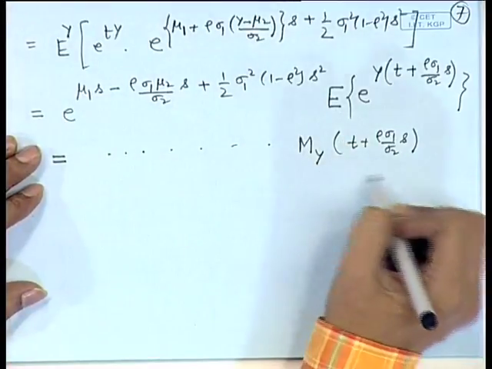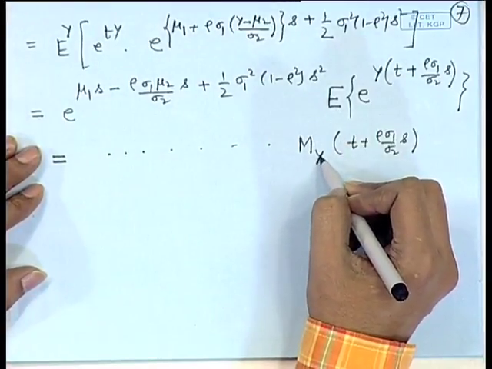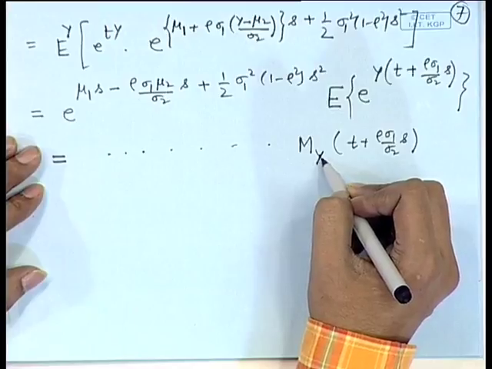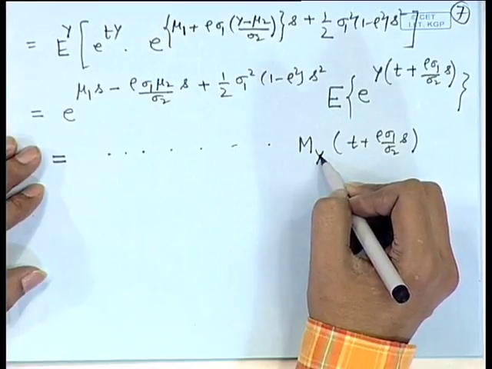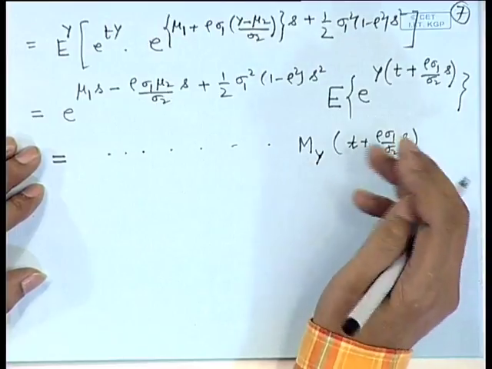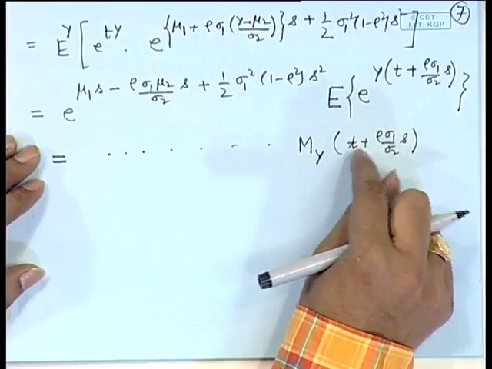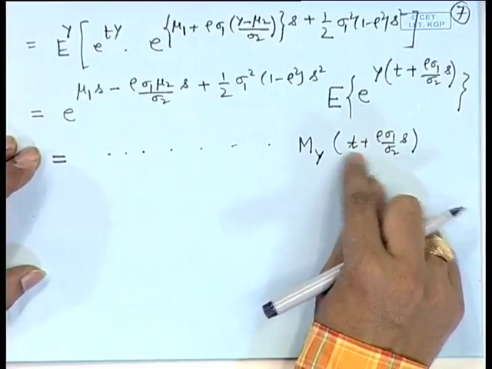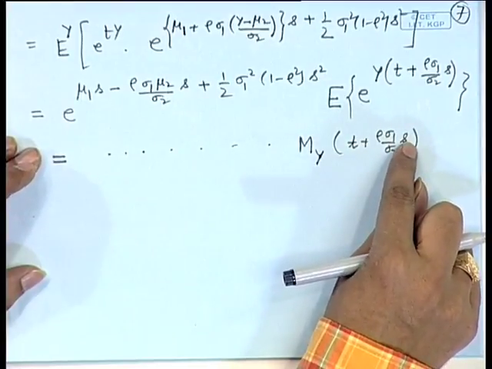Notice here that the distribution of y is again univariate normal with parameters mu 2 and sigma 2 square. Therefore, the moment generating function has a known form. In place of the point t, we substitute t plus rho sigma 1 by sigma 2 s.